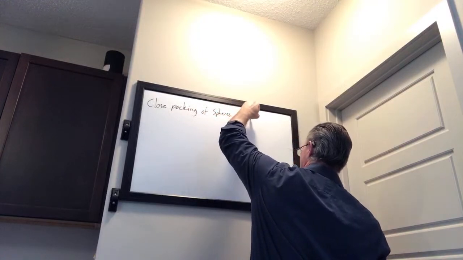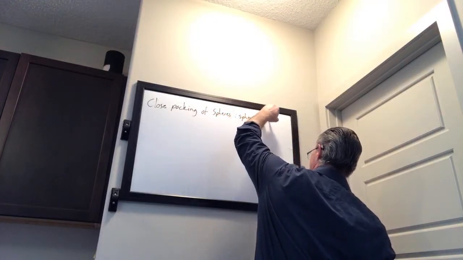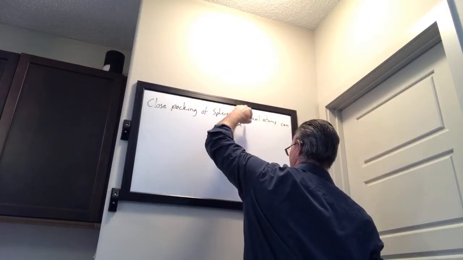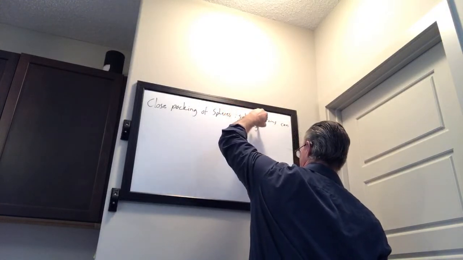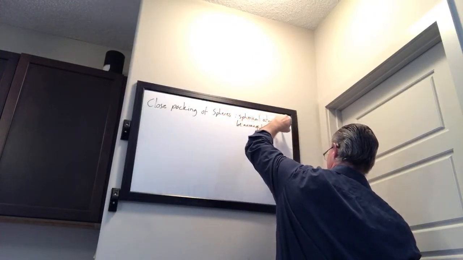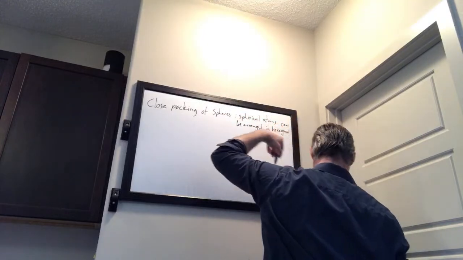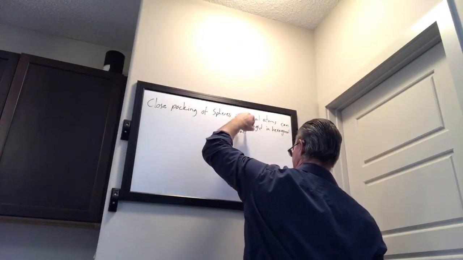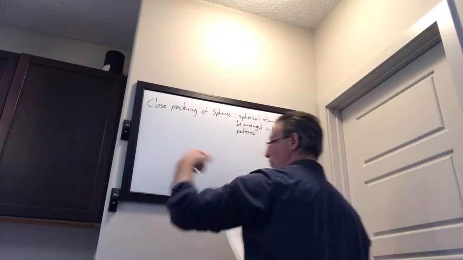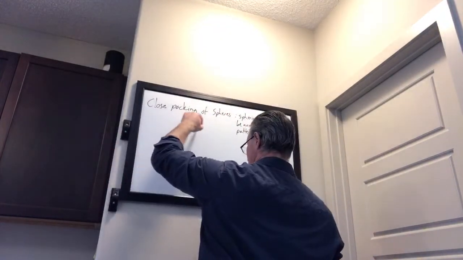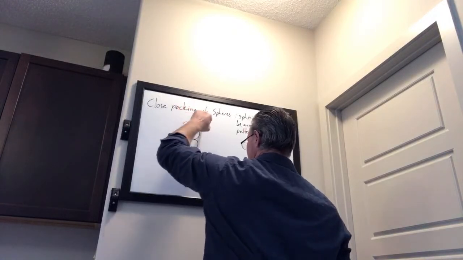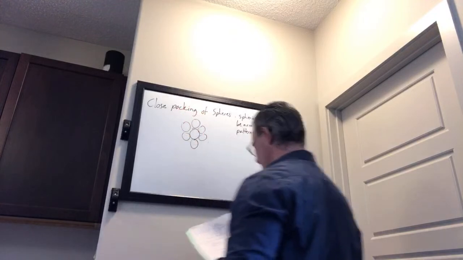Spherical atoms can be arranged in hexagonal patterns, like oranges in a carton, if you like. So you'd have a central one, you have one on top, one below, two. So there's a hexagonal close pack.